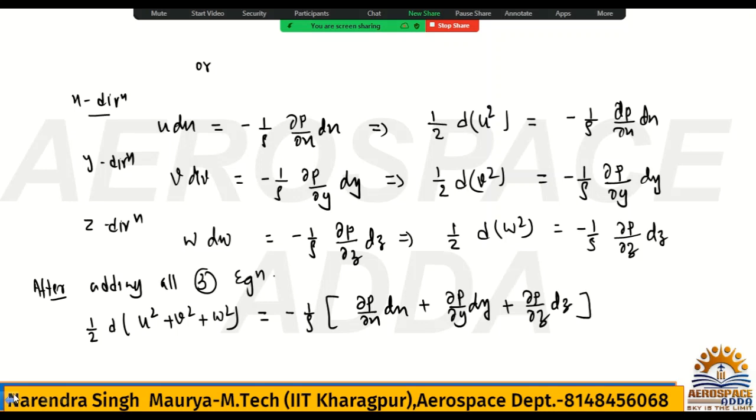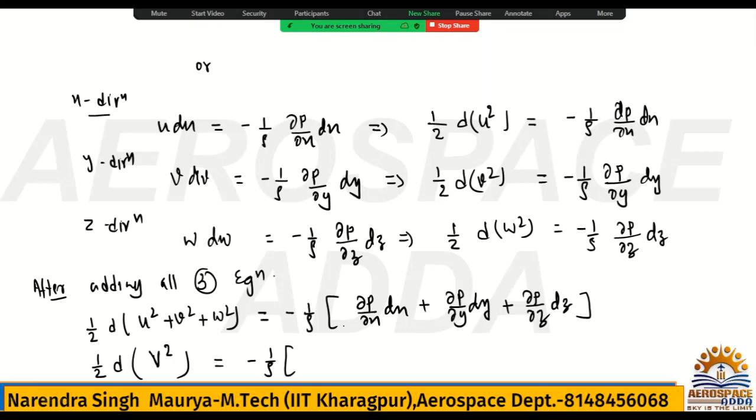Then what is this? This is nothing but 1 by 2 d of u square plus v square plus w square, which is the resultant velocity, capital V, is equal to minus 1 by rho times dou p by dou x into dx and so on.